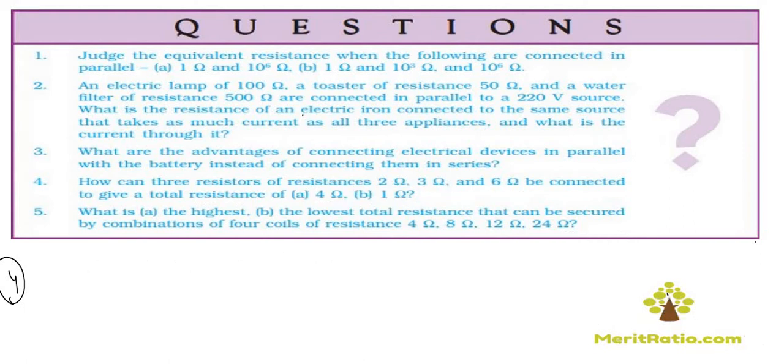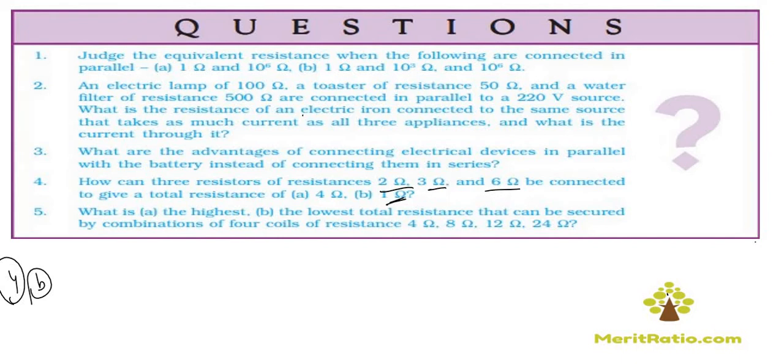In 4b, it is asked how we will connect the given resistors R1, R2 and R3 to get the equivalent resistance of 1 ohm.